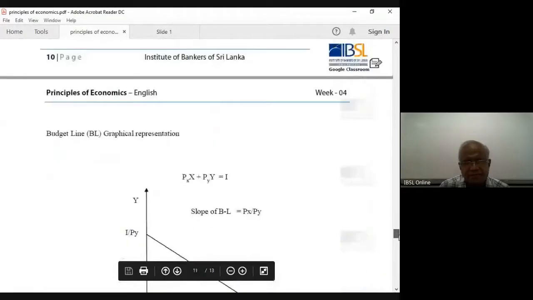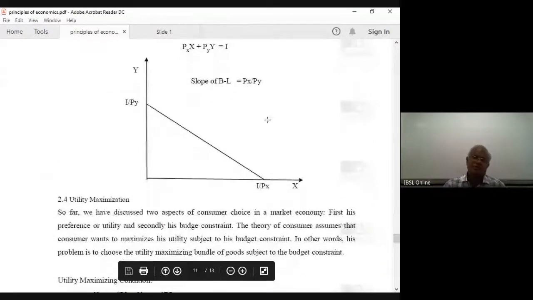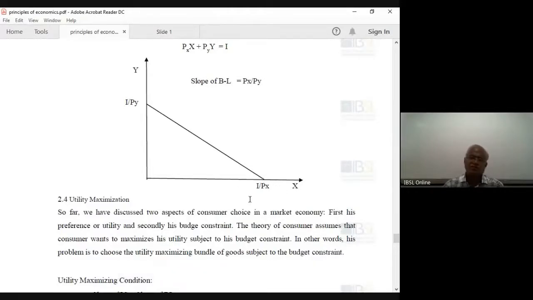Mathematically, you also get a straight line in X and Y. I over Px: if you spend all your 50 rupees to buy X, you can buy 10. If you spend the 50 rupees only to buy Y, you can buy 5 units. So 10 and 5.